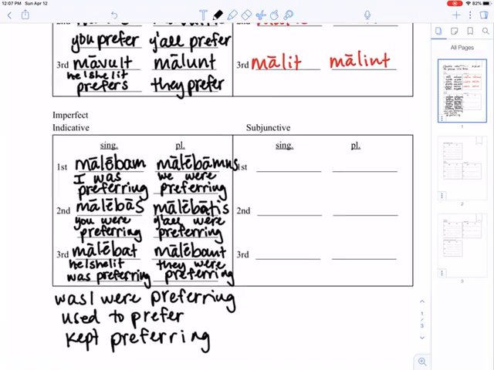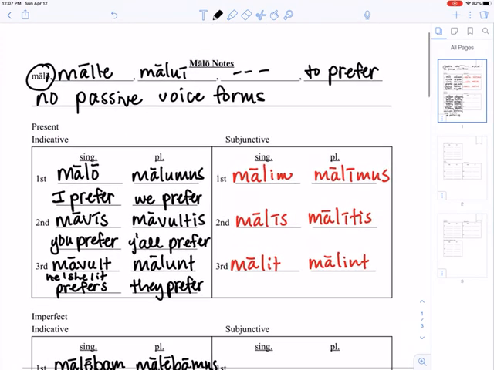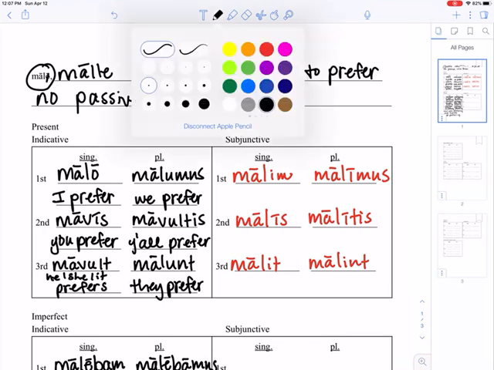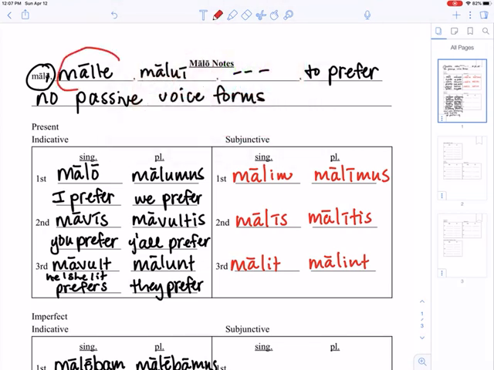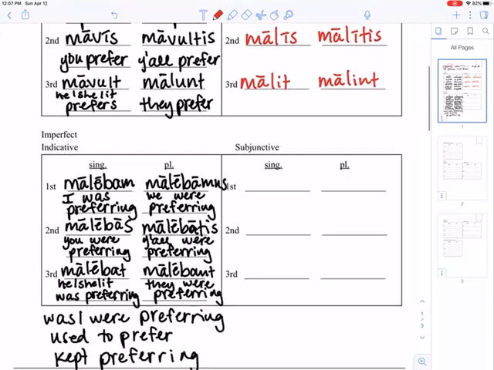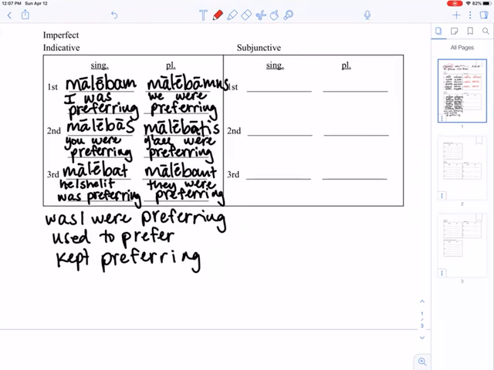All right, so before we go over to the imperfect subjunctive, we need a different stem. This time we're going to use malle right here. That's going to be our stem here in the imperfect subjunctive. My sinuses are going crazy. So again, we're going to take malle. That's going to be our stem.